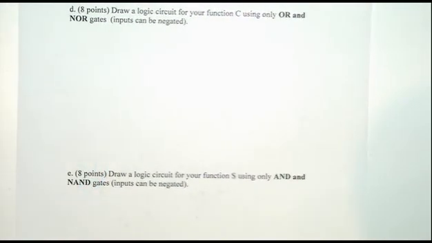Okay, so now we have to draw some circuits. So we have a function for C. By the way, you are, if you want, allowed to do reduction before you do this part, but I don't recommend it. Because what your TAs are going to do is check to see if the circuit you draw matches the equation that you have. Okay? So if you somehow mess up your equation, as long as you draw your circuit to match that, it's going to be okay.